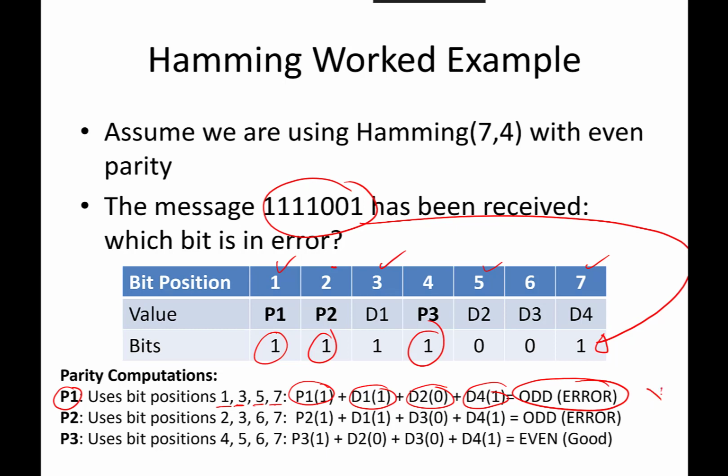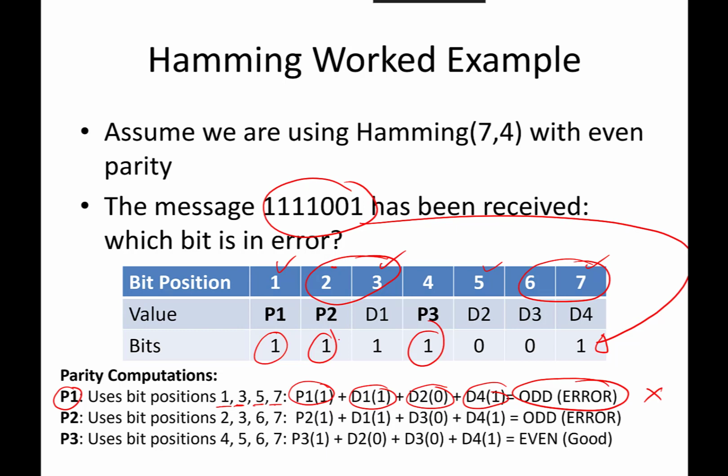So we know that there's some sort of an error with one of those bits, 1, 3, 5, or 7. Then we go to parity bit 2. Now that consists of bits 2 and 3, and 6 and 7.